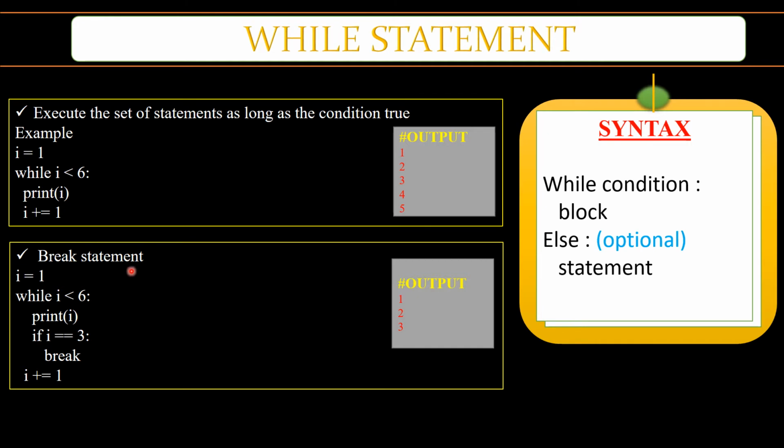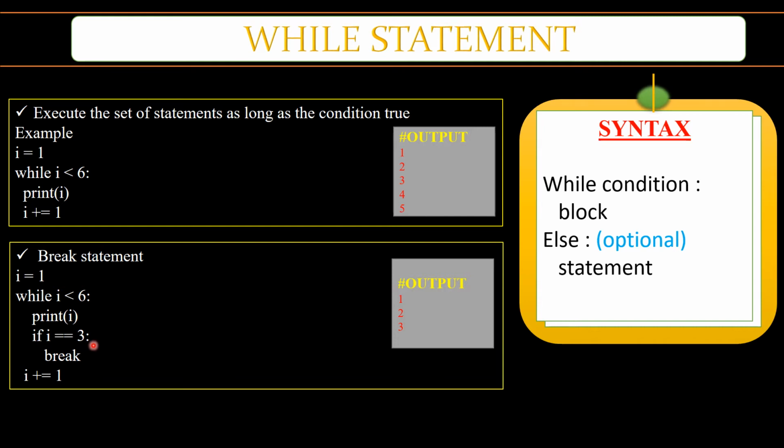Now let us see how we use the break statement in a while loop. Here I have assigned i equal to 1, while i is less than 6, print the i value. Whenever the i value becomes 3, the condition is going to break. The first value is 1, so 1 will be printed, then it checks whether i is equal to 3.